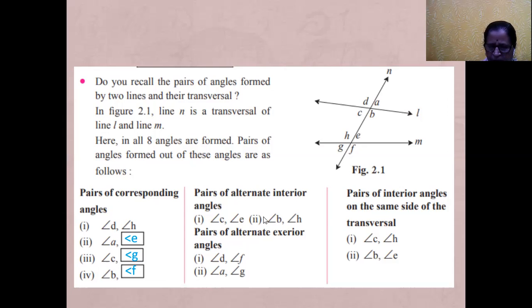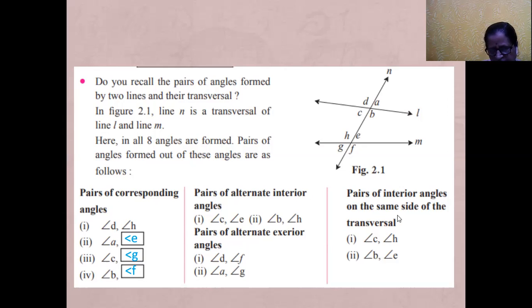Here two pairs are given. The other pair is alternate exterior angles, outside of this. Angle D and angle F are alternate exterior angles, and another, A and G, are alternate exterior angles. Here two pairs are given.